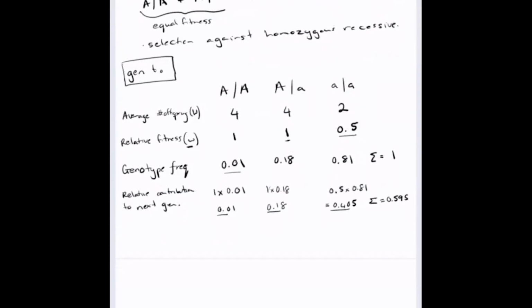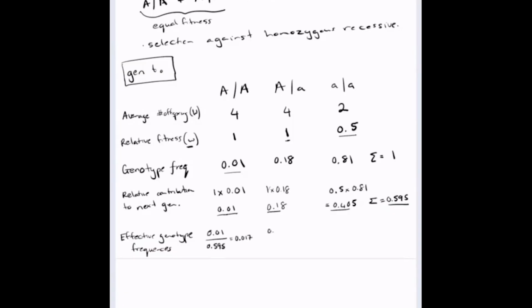Now, if we add up these three numbers, we sum them to 0.595. And so what we need to do is convert that so that they sum to a frequency of 1, okay? And so we can talk about the effective genotype frequencies. And to do that, we just normalize by dividing by this number. So we take 0.01 divided by 0.595, and that equals 0.017.